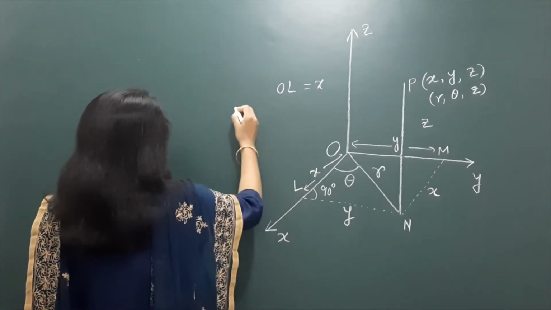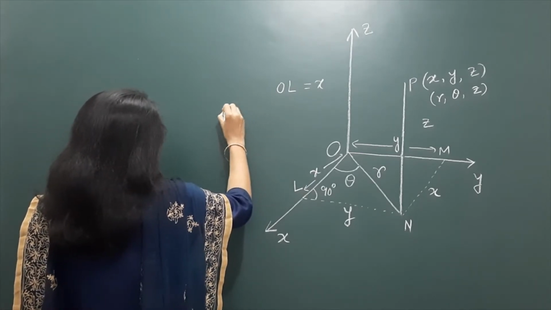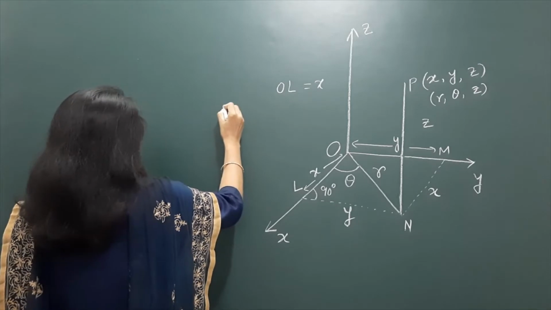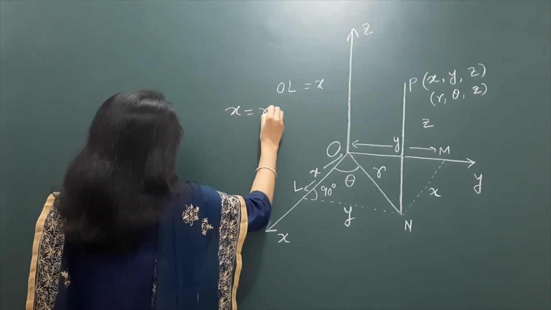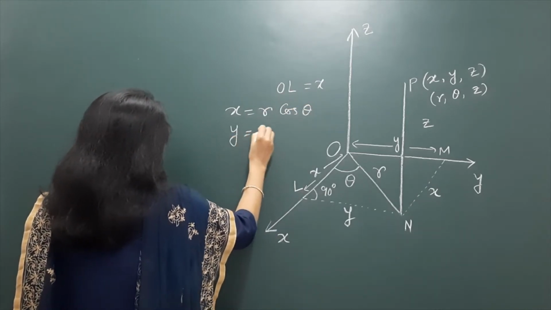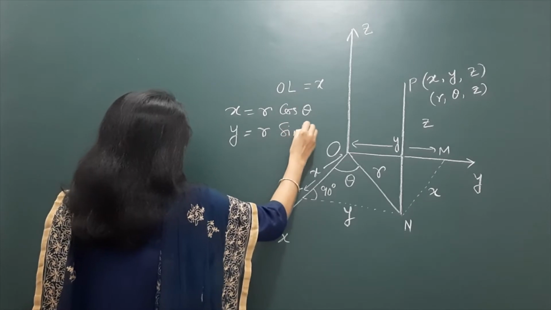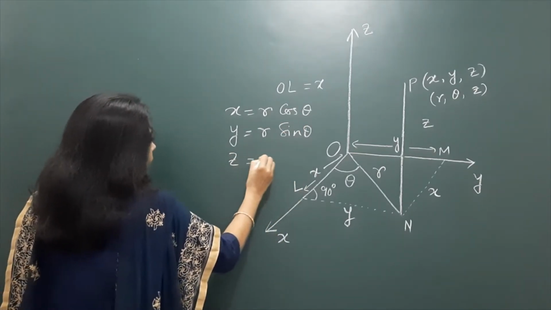As we have done in the last lecture, the relation between Cartesian and polar coordinates, same here: x equals r cos theta, y equals r sin theta, and z equals z.